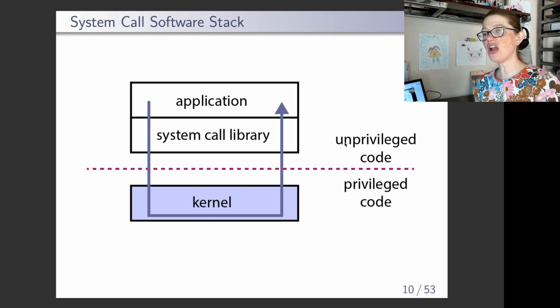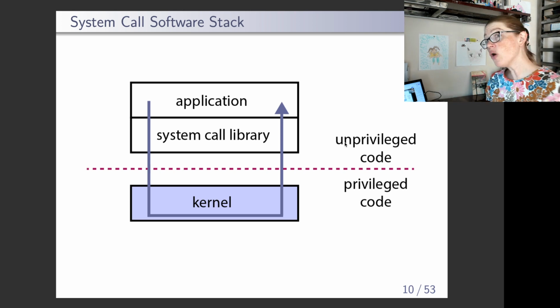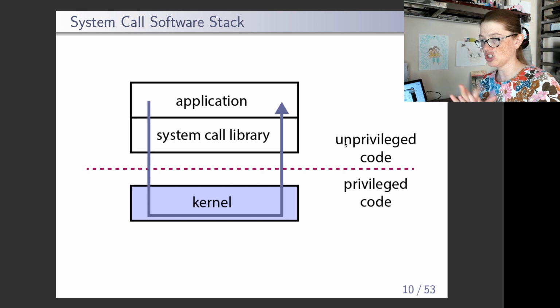And if while we are in unprivileged mode on the CPU, we try to access memory in the kernel, we won't be allowed to, because in unprivileged mode, we can only access certain addresses. And the kernel is going to live in certain other addresses, which are only accessible from privileged mode. So the user program cannot directly access the kernel. We'll talk more about that in virtual memory.